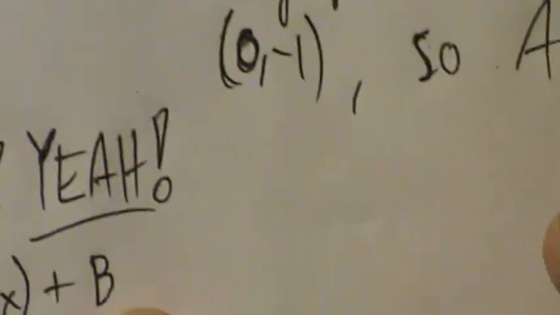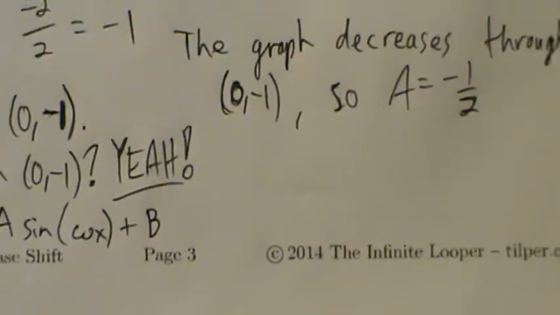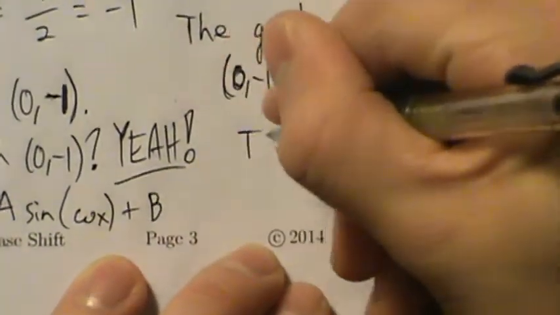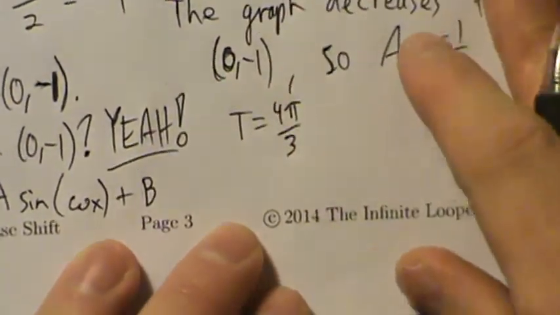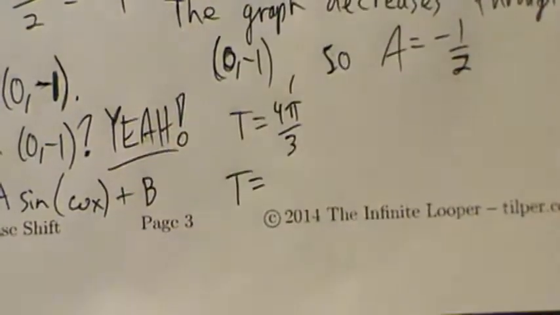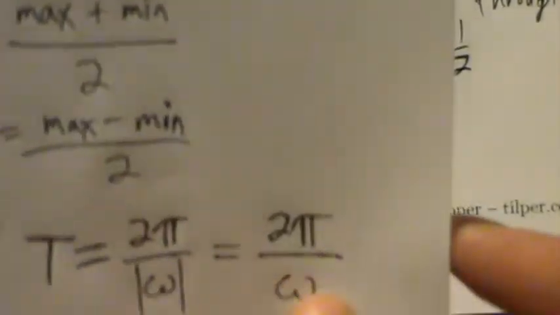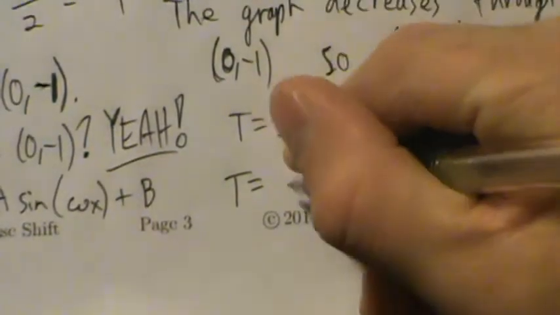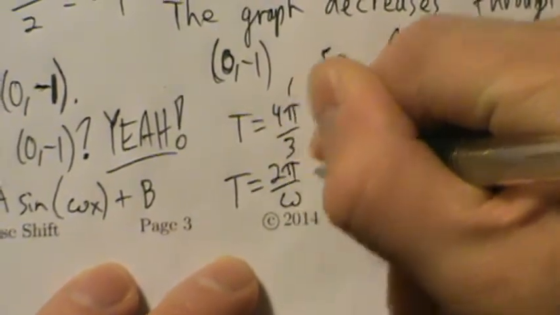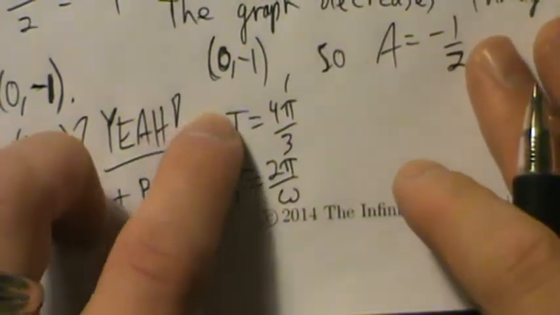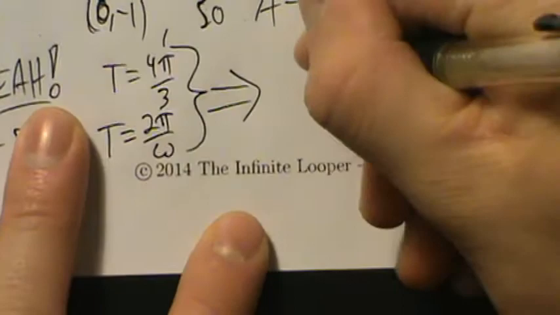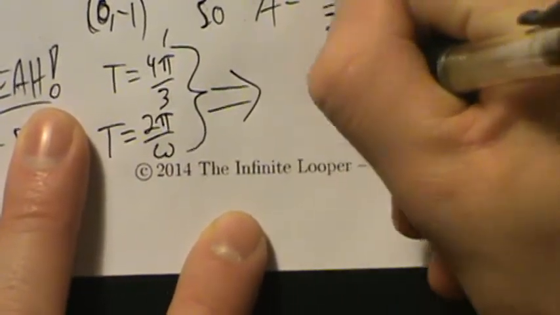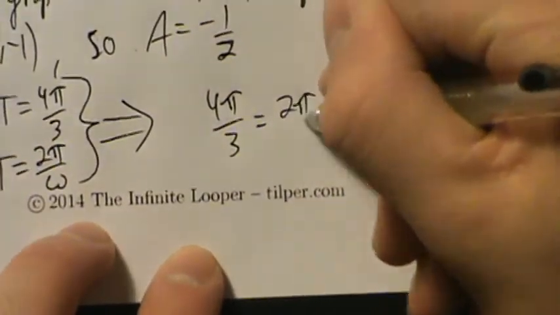But also remember, in general, for these types of problems, T is 2 pi over omega. Both of these equal T, so they have to equal each other. In other words, these two things together imply that 4 pi over 3 equals 2 pi over omega.